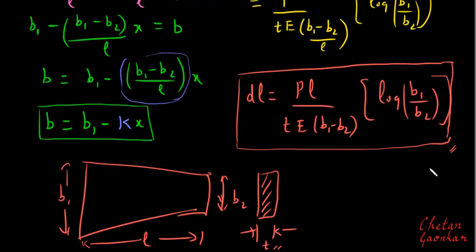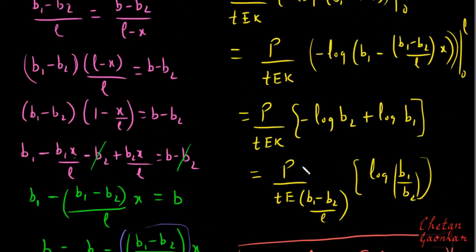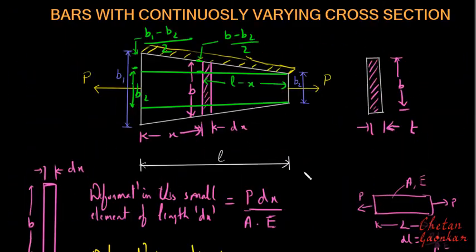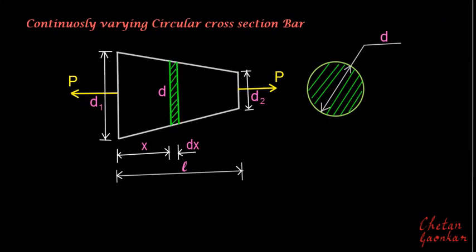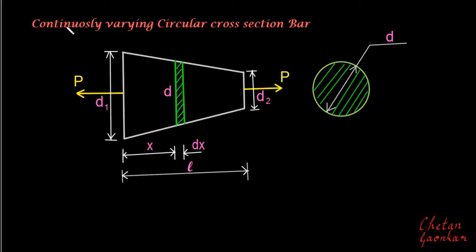So this was all about the bar whose cross section is rectangular. But we can also have a similar case wherein the cross section is not rectangular but circular. So if we have a circular cross sectional bar, it will look somewhat like this, right? A continuously varying circular cross section bar.